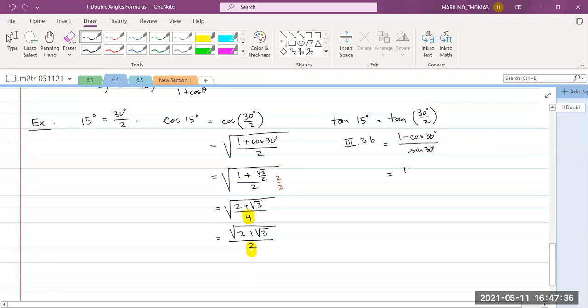This will be 1 minus, what is cosine 30 degrees? Square root of 3 over 2, over sine 30 degrees, 1/2. Multiply the top and the bottom by 2. I will get 2 minus radical 3, done, over 1.